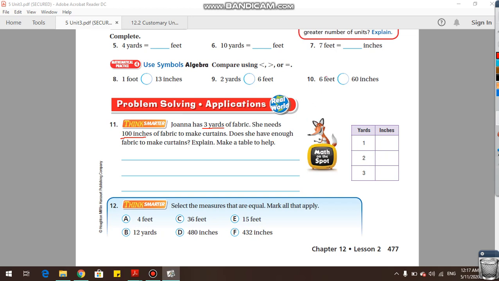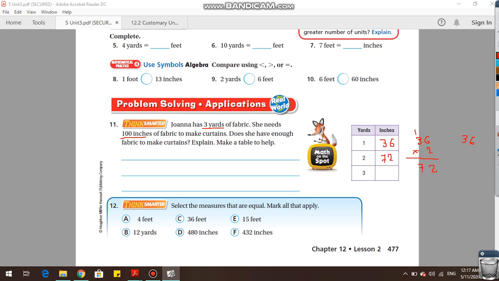Okay, we said at the previous table that 1 yard is 36 inches. So 2 yards, I'm gonna say 36 times 2. 6 times 2, 12, 2 and carry up 1, 2 times 3, 6, plus 1, 7, 72. How about 3 yards?